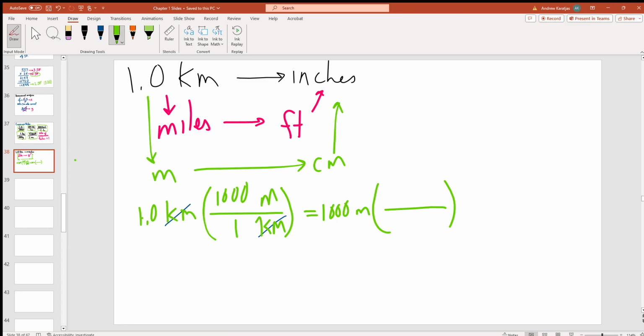But now we want to get rid of meters. So we need meters on bottom, centimeters on top. So 100 centimeters is 1 meter. And so we have 100,000 centimeters.